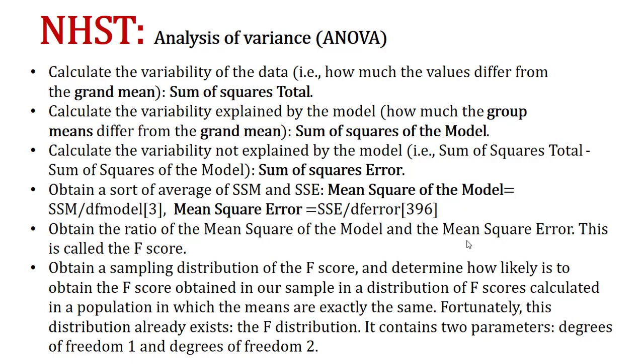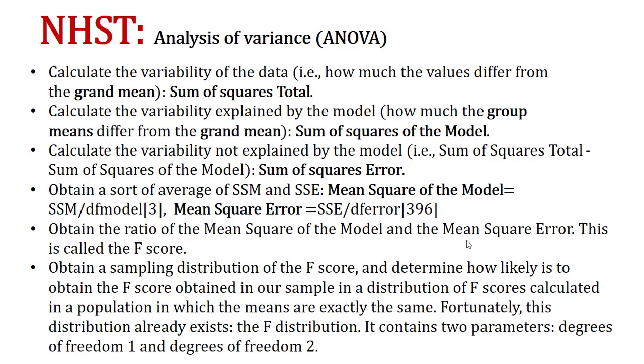So we have the sum of squares total, which is the whole variability of the data; the sum of squares of the model, which is the variability explained by the model; and the sum of squares error or residual, which is the variability not explained by the model.